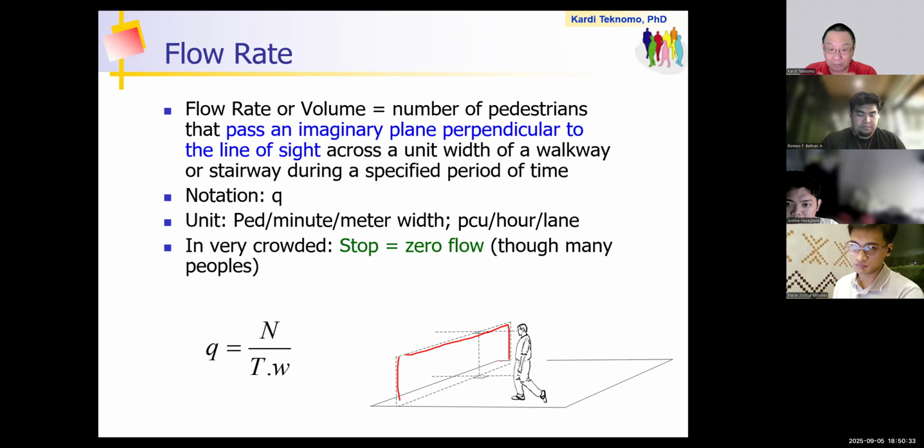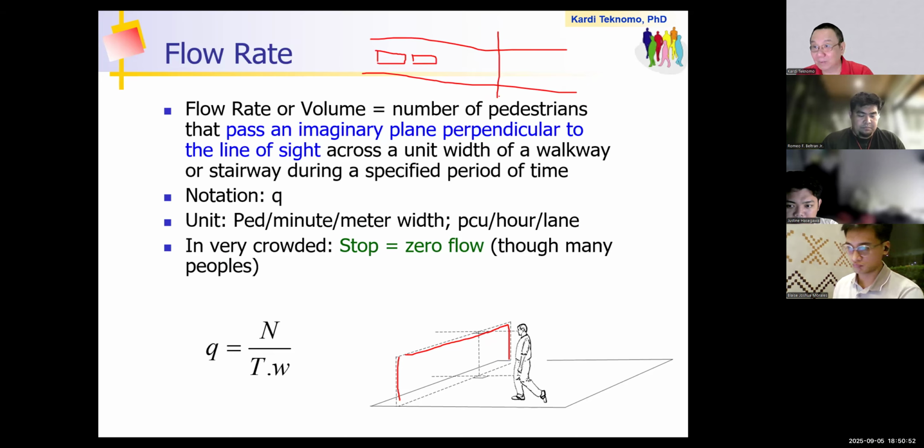Okay. So say this is your road, from the top view. And these are your vehicles. Say you are doing a survey here. So the line of sight is this one.